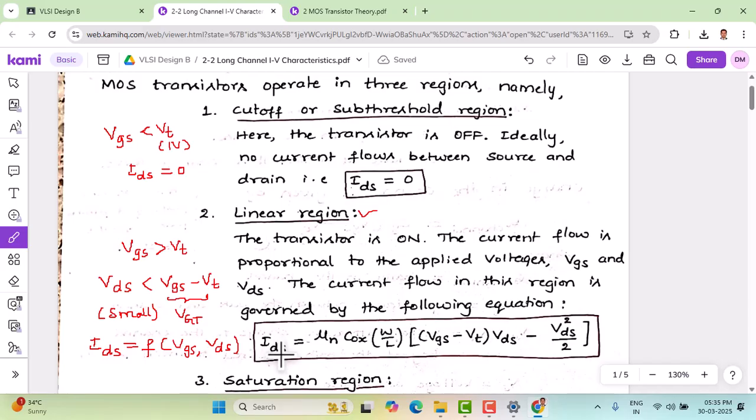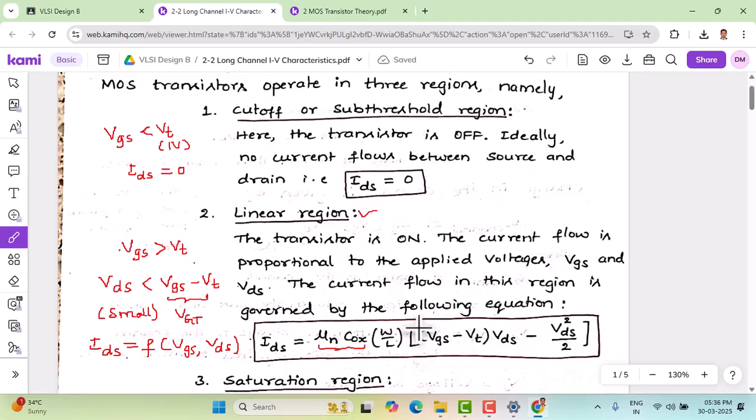IDS, the drain to source current, depends on mu n into COX. These are called process parameters. Mu n is the mobility of the N transistor. COX is the oxide capacitance. W by L is the geometry of the transistor: W is the width of the transistor, and L is the length of the transistor, the distance between source and drain.